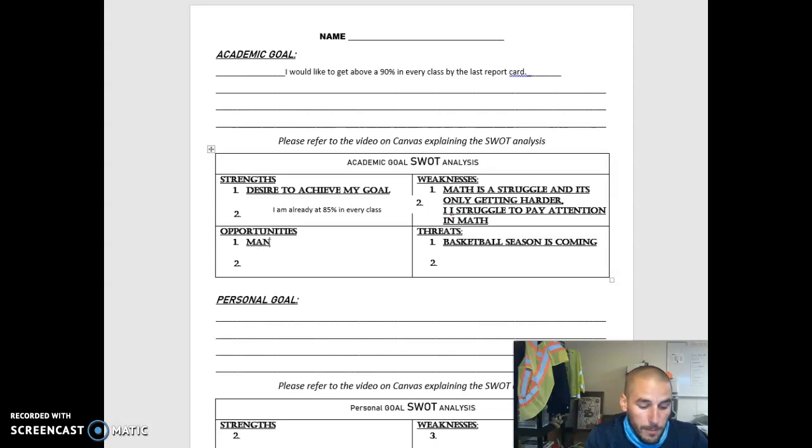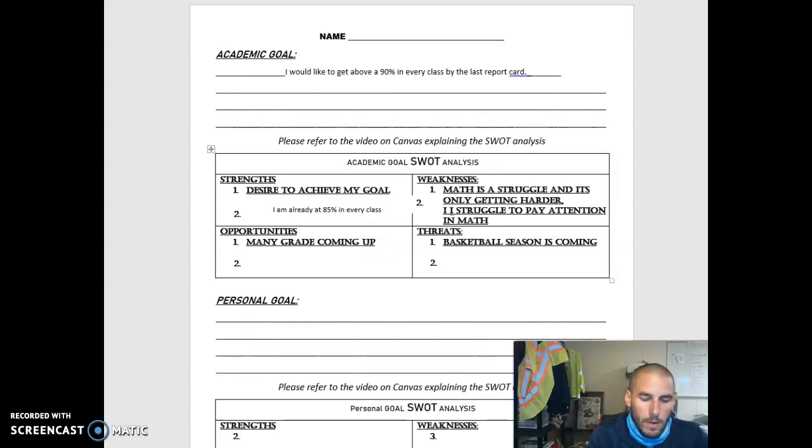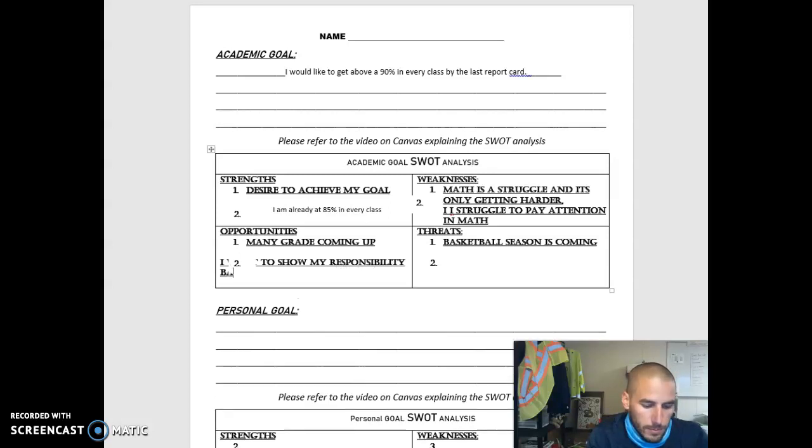There are many grades coming up. What other opportunities would there be? Well, another opportunity would be, maybe, I want to show my responsibility balancing sports and school.